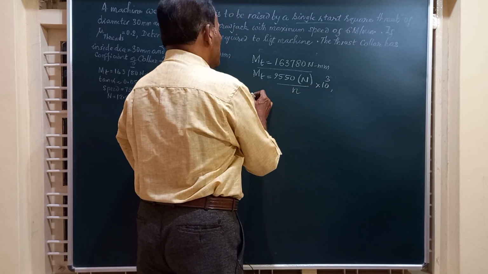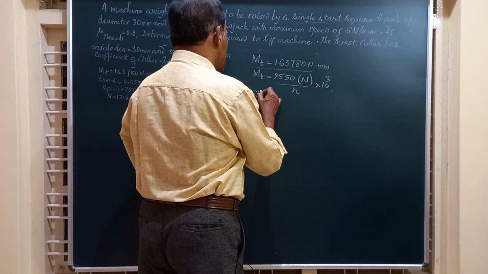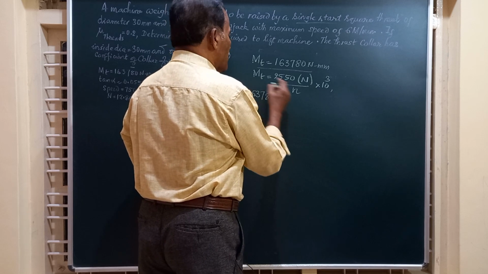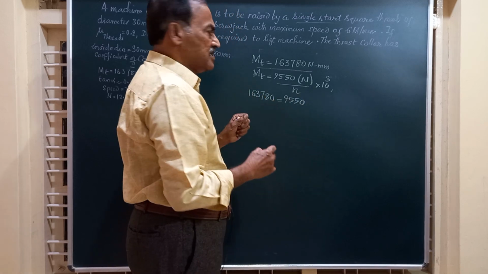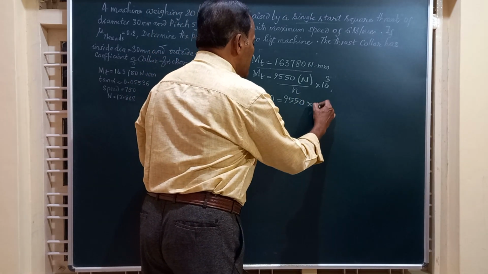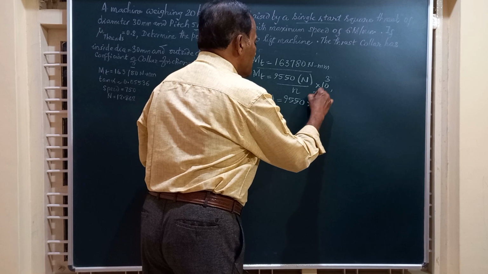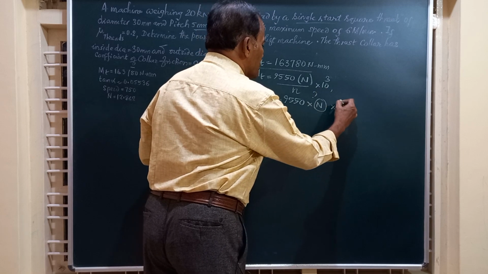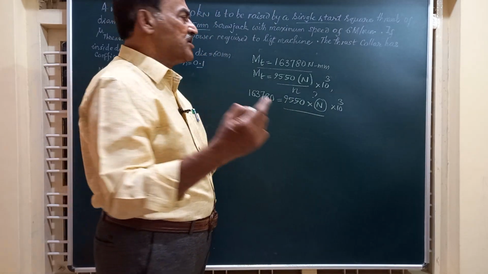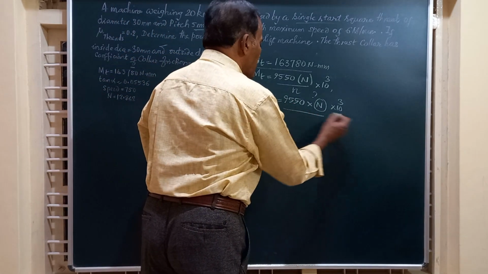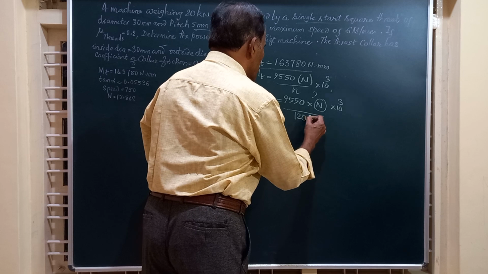If you put the values, 163780 is the value of torque, that is equal to 9550, a constant in the formula, into N, which is to be found out, multiplied by 10 to the power of 3, divided by small n, the speed of rotation or RPM, that we have worked out as 1200.